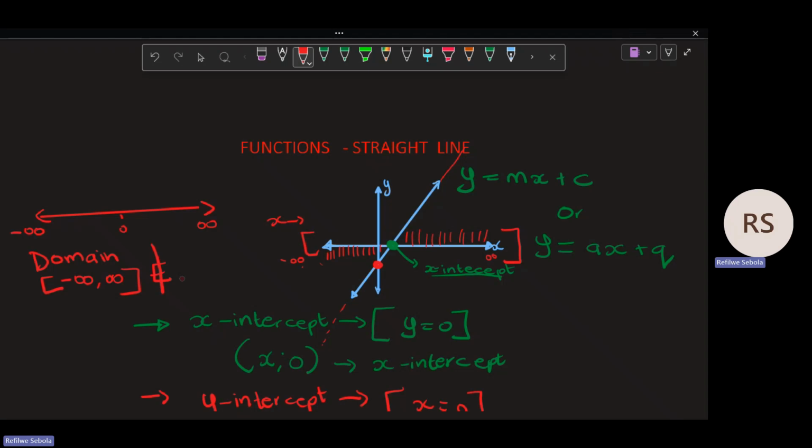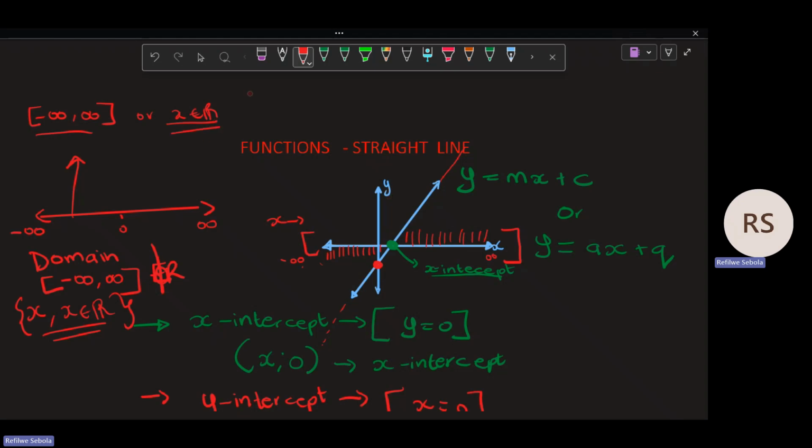Or we can write it as x is an element of real numbers. Shouldn't forget that our domain can be negative infinity to positive infinity where they are included, or we can write it as x is an element of R. So this is our domain.